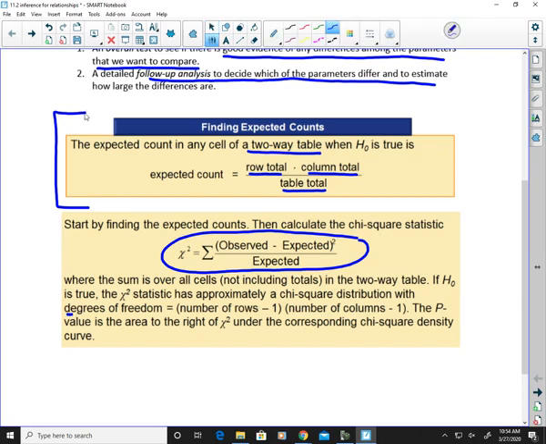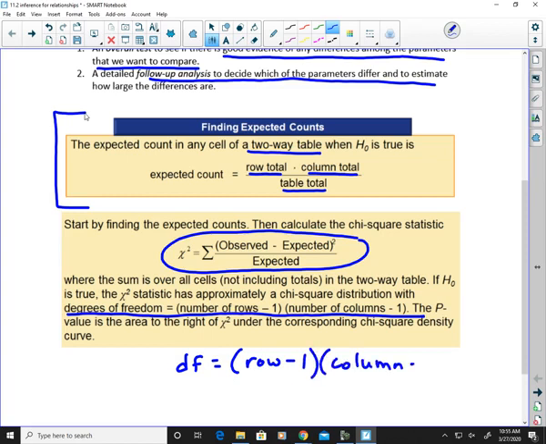What degrees of freedom will we use to get that p-value? We will take the number of rows and subtract 1, and we will take the number of columns and subtract 1 and find the product of those two numbers. So your rows minus 1 and your columns minus 1.